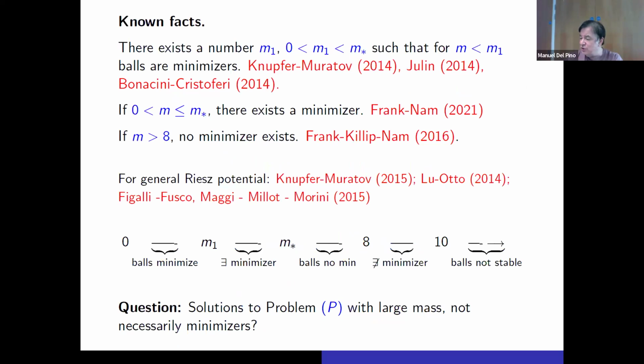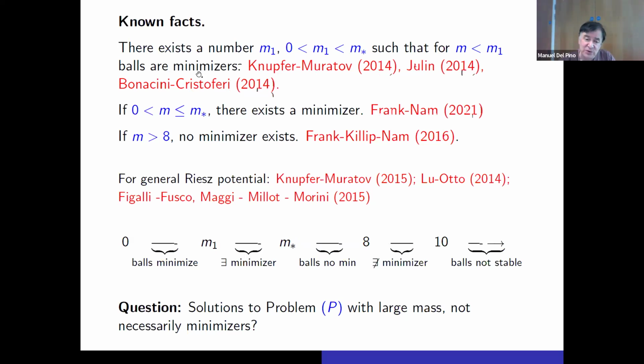So here, let me show you what is rigorously known, rigorously proven. First, it is known that there exists a number M1, which is strictly less than M star, a sufficiently small number, such that whenever the prescribed mass is less than M1, balls are minimizers.